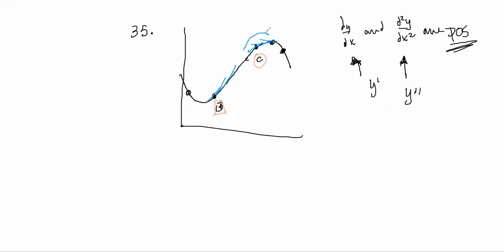My slope is approaching 0 as opposed to approaching the inflection point, which is right here, which we'll talk about later on. So yeah, point B. You're right.